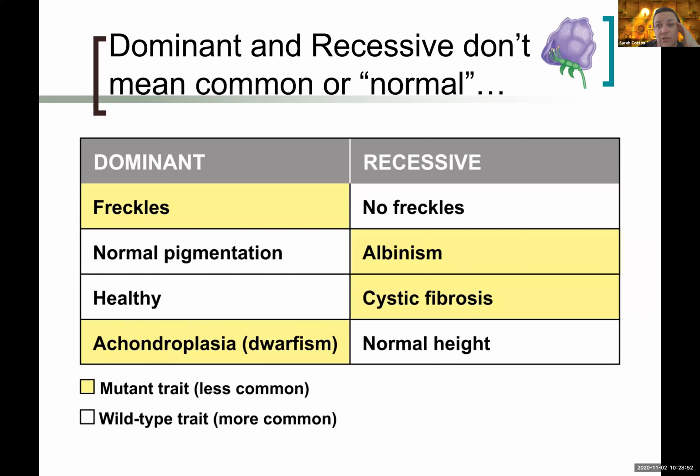It doesn't have anything to do with your lifestyle or anything else. It's inherited in a pretty straightforward Mendelian fashion. It is not super common. So it is a mutant trait and it is a recessive trait. So once again, the vast majority of us are either homozygous dominant, meaning we don't have cystic fibrosis, or at least heterozygous. The only people who have this particular disease are people that are homozygous recessive. Okay.